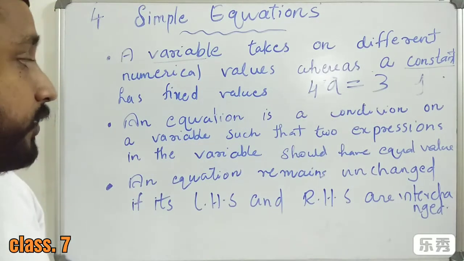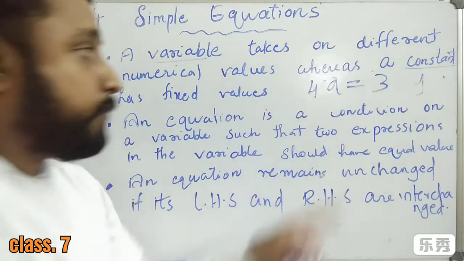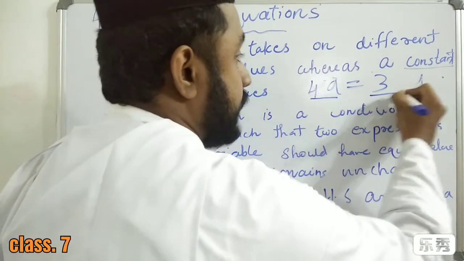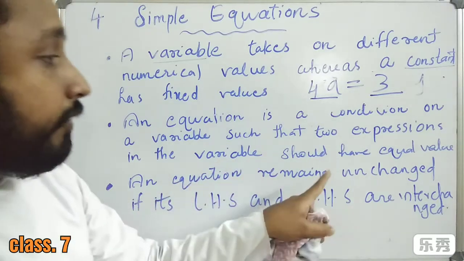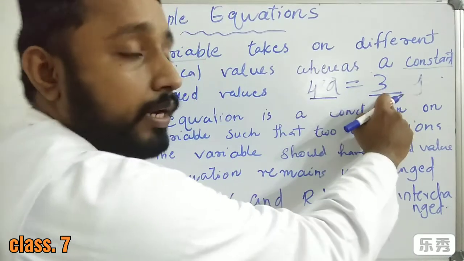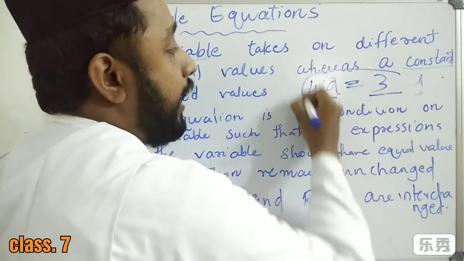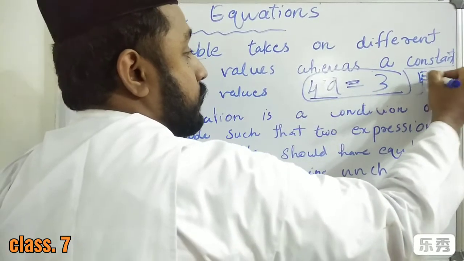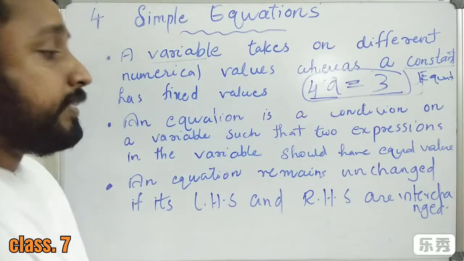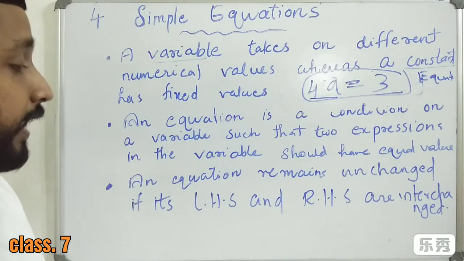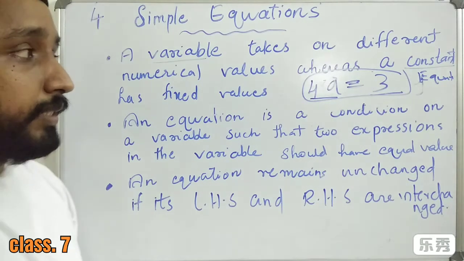An equation is a condition on a variable such that two expressions, this is an expression and this is another expression, in the variable should have equal values. These two values are equal. So this is called an equation. Then, an equation remains unchanged if its LHS and RHS are interchanged.